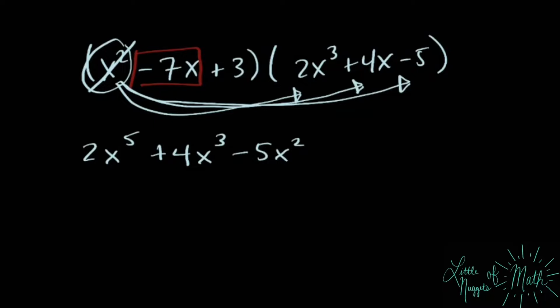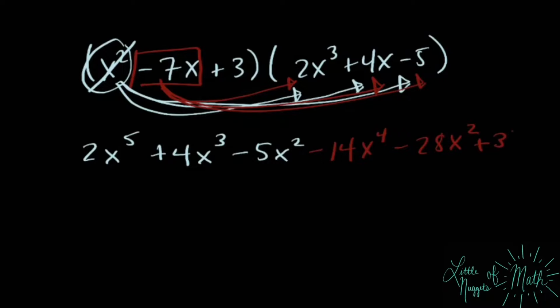Negative 7x times 2x to the third is negative 14x to the fourth. Negative 7x times 4x is negative 28x squared. And negative 7x times negative 5 is positive 35x. And that takes care of the second term.